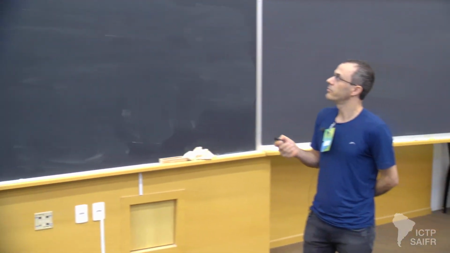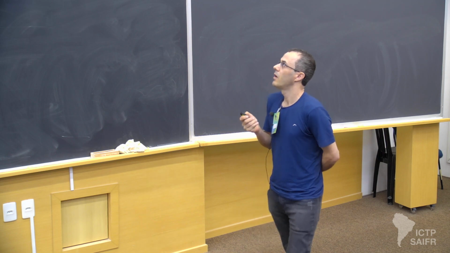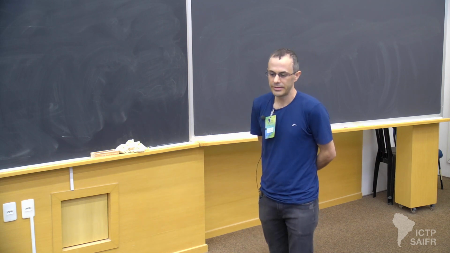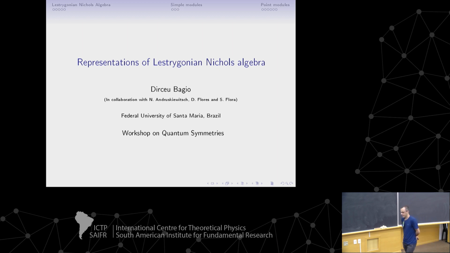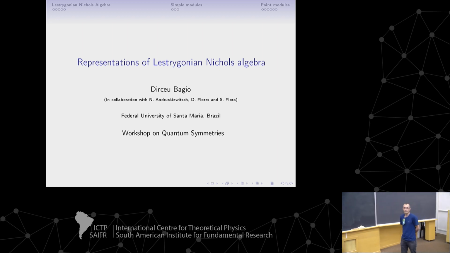The topic of my talk is representation of Lestrygonian Nichols algebra. This is a specific class of Nichols algebra that Nicolas spoke about yesterday, and I will review in more detail what this algebra is and some of its properties.